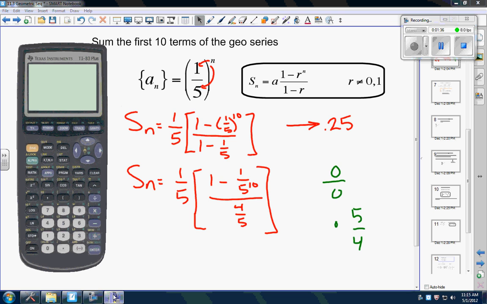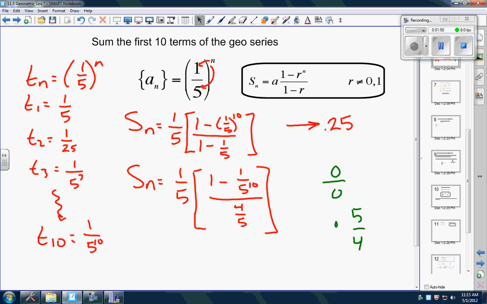Okay, it's a little taste of calculus for you guys there. As we add more and more terms, this thing's going to get close to a quarter. Okay, 0.24 with a bunch of 9s is basically 0.25. So that's the sum of that sequence. Okay, good.